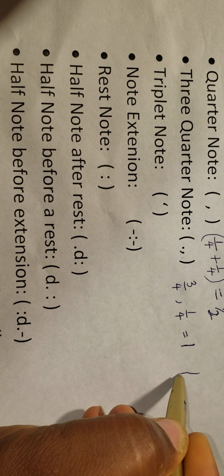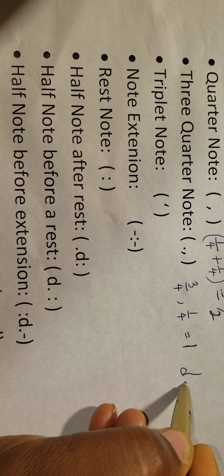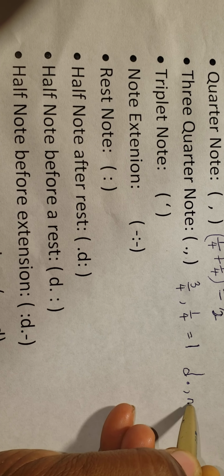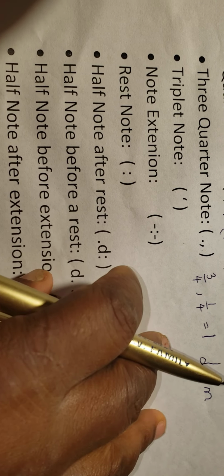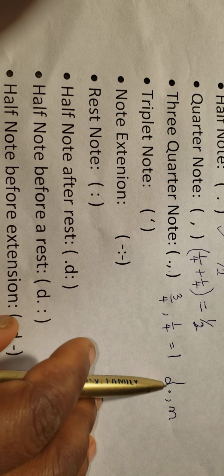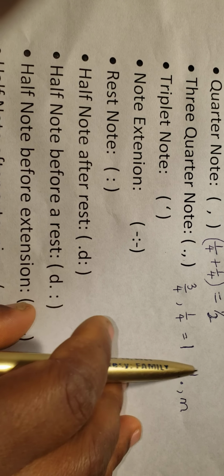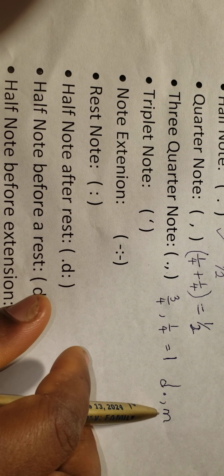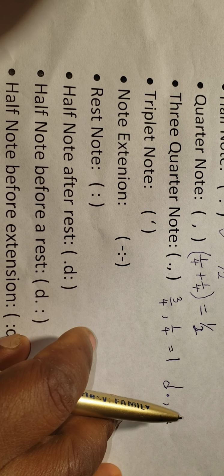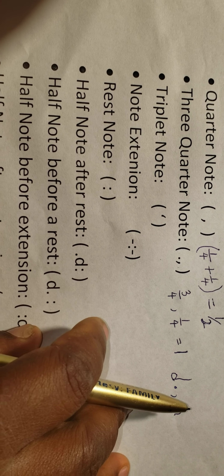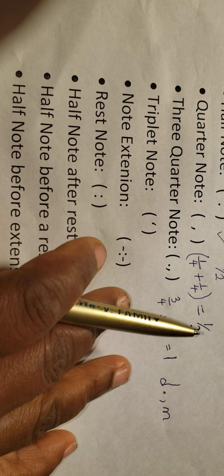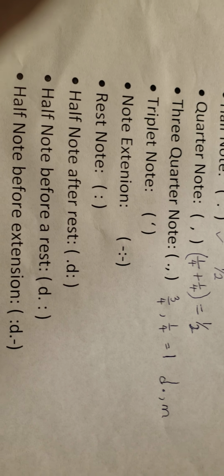Okay, let's go. If we have a note, let's say do with a full stop, a comma, and a mi. It means that the do has more of it, which is 3/4 of it, right? And the mi has 1/4 of it. So if I'm supposed to sing in a half, this is not a half, right?